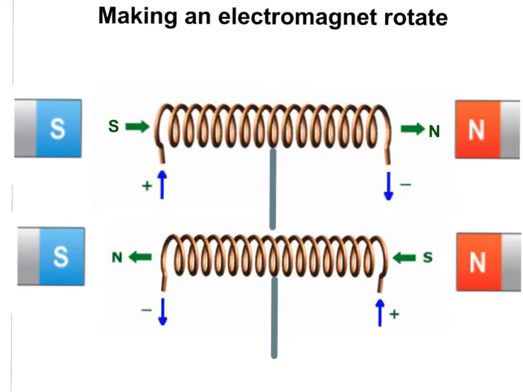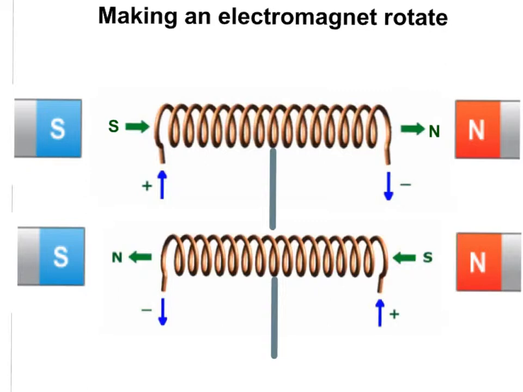So we can make an electromagnet rotate by using other magnets. You know that if we put a pole of the electromagnet next to a like pole of another magnet, these repel, whereas the south pole will be attracted to the north pole of this electromagnet.